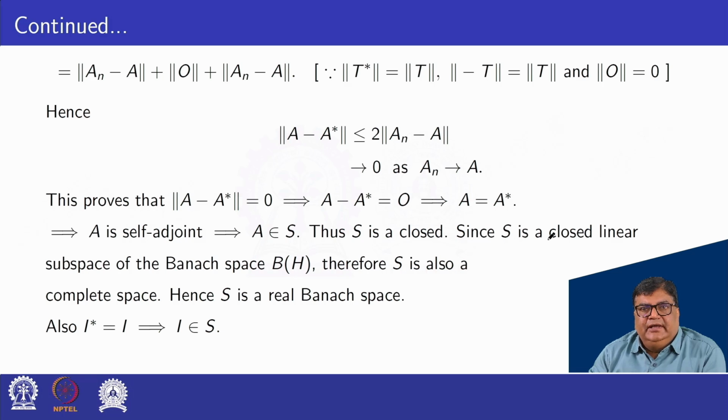Since S is a closed linear subspace of the Banach space BH, therefore S is also a complete space. Hence, S is a real Banach space. Also, I star is equal to I. This implies that I belonging to S. This completes the proof of the theorem.